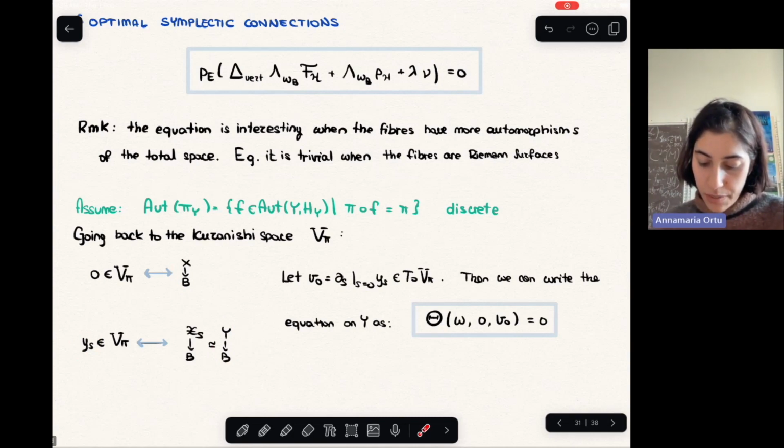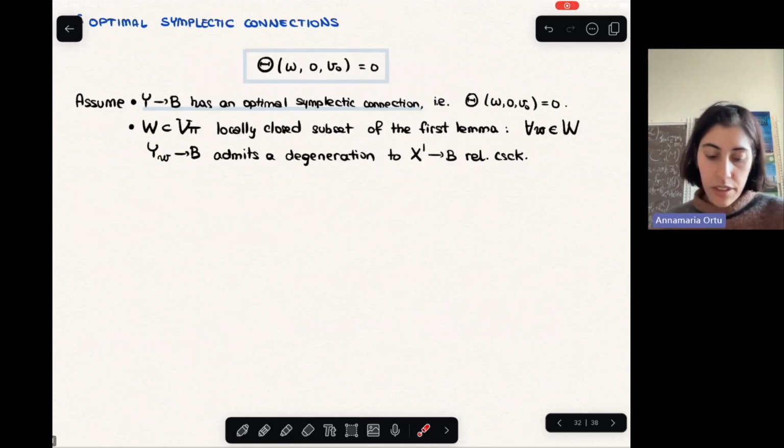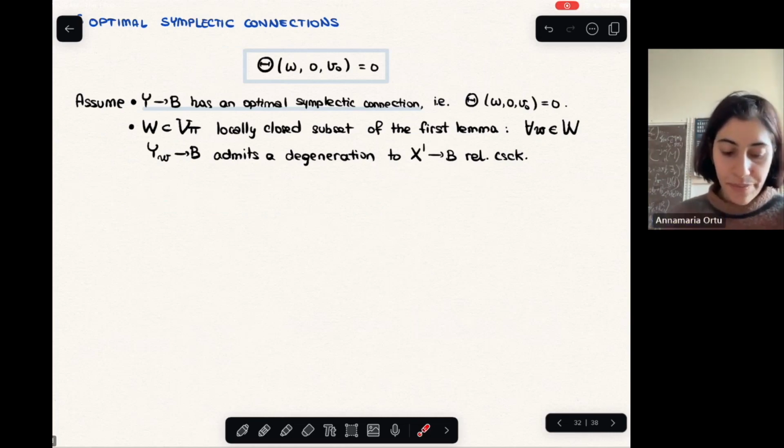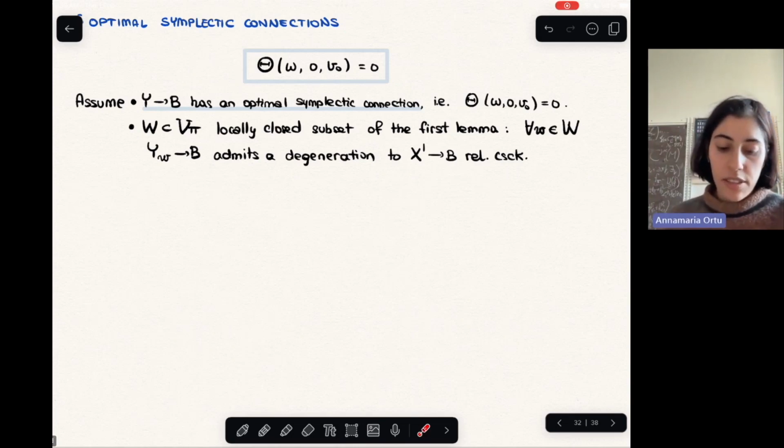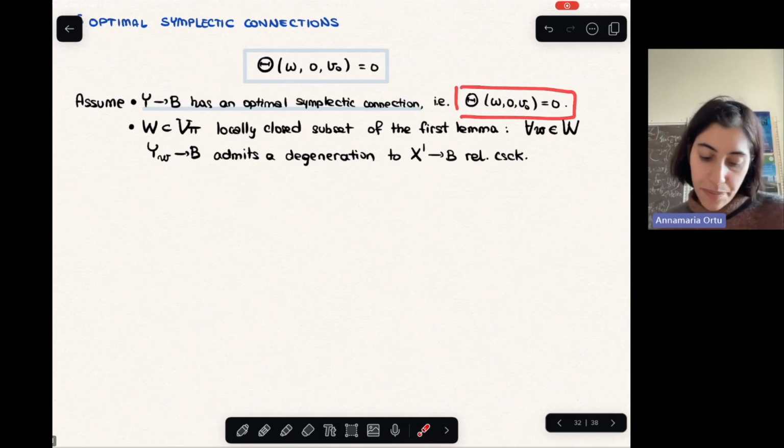And so now let's assume that the equation is satisfied for y over b. And so we want to put everything together and construct a moduli space of fibrations that admit an optimal symplectic connection. And so assume that we have an optimal symplectic connection, so we have a solution of this equation.